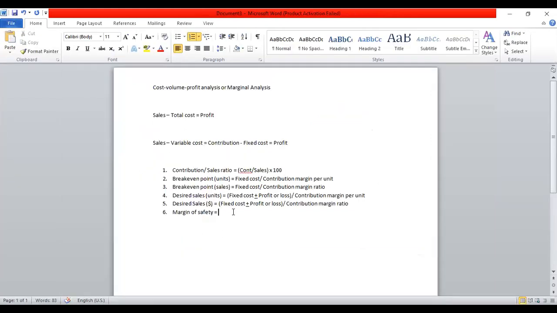Margin of safety is equal to actual sales which are over and above the break-even sales. If their actual sales exceed the break-even sales, that is the margin of safety. Margin of safety can also be calculated as margin of safety percentage.